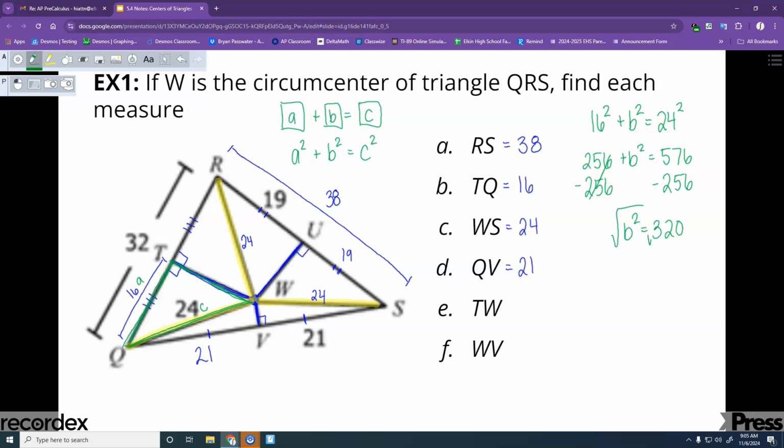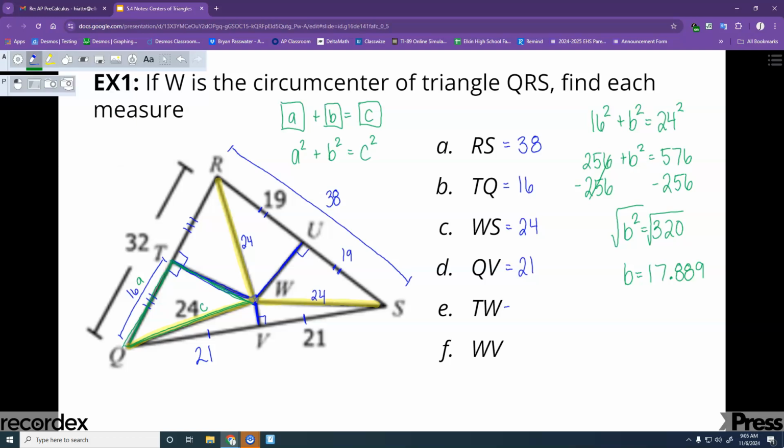Square root. And if I do the square root of 320, I'm going to get that B equals, technically there's a plus or minus, but the negatives make sense whenever you're talking about the length of a side. Not really for this, right? So we're just going to use the positive one, 17.889 if we round that off to 3 places.